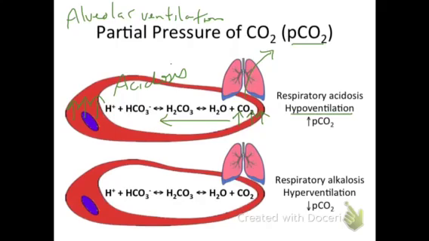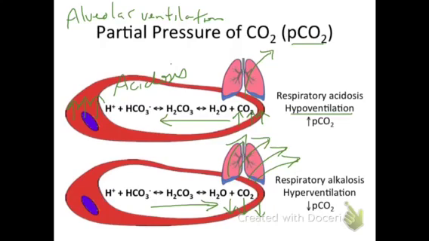Hyperventilation is when the CO2 leaves the lungs at an increased rate. So there's lots of CO2 being exhaled. This results in a decreased concentration of CO2 in the blood, and then the equation shifts to the right to get to an equilibrium state.